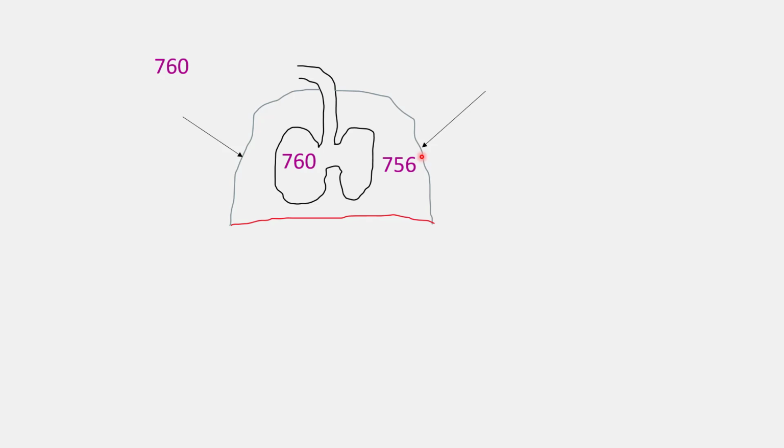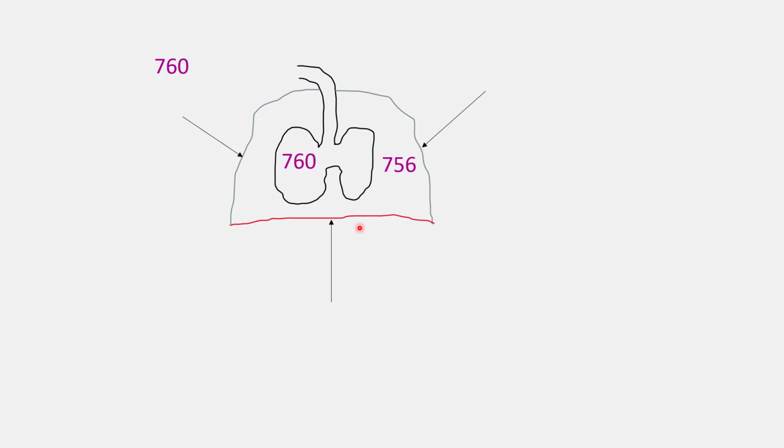We are going to relax the diaphragm, which is going to move upward. The ribs moved inward and downward. The diaphragm moved upward because the intercostals relaxed and the diaphragm relaxed.